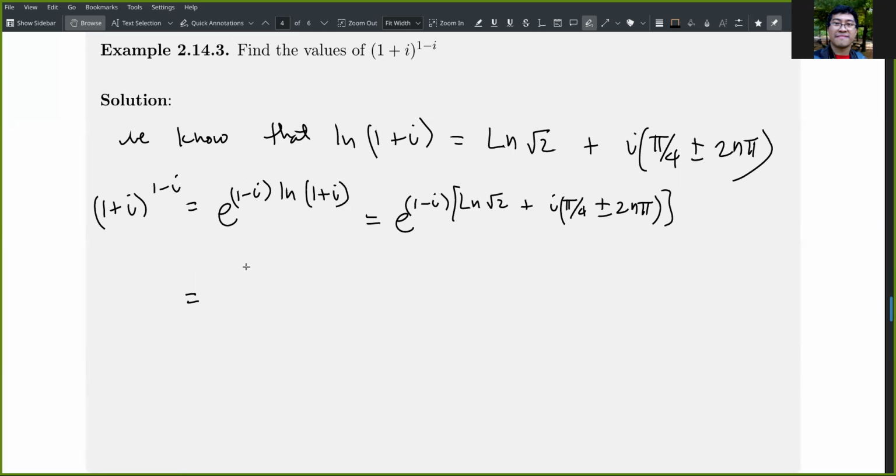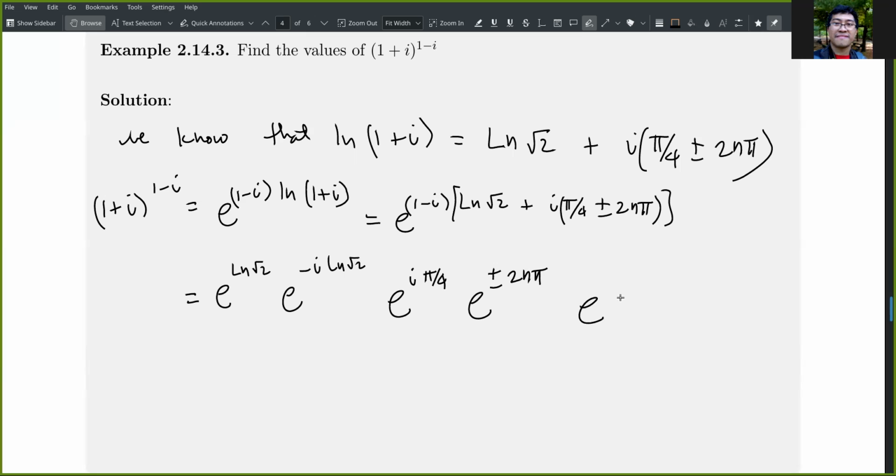So you have e to the power of ln square root of 2, e to the power of minus i ln square root of 2, e to the power of i pi over 4 plus and minus 2n pi. Okay, or let me separate that: i pi over 4 and e to the power of plus and minus i 2n pi.